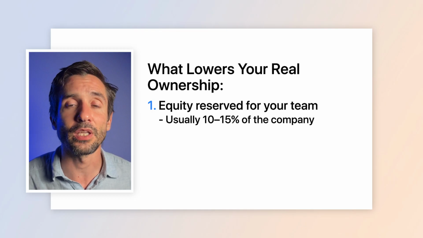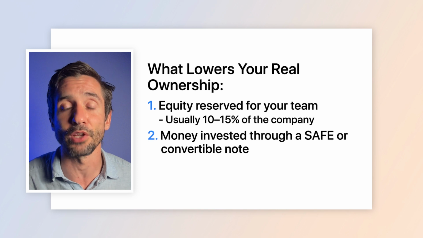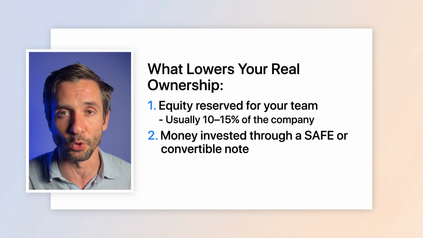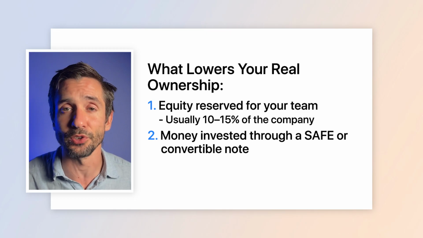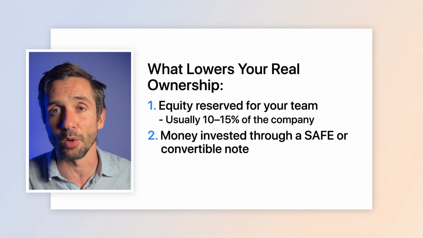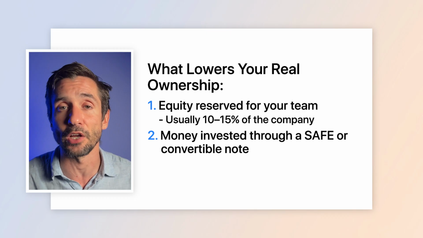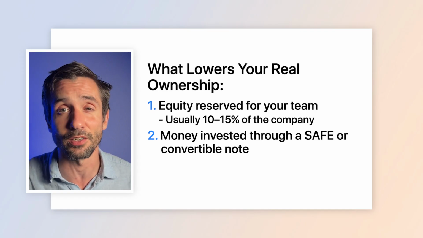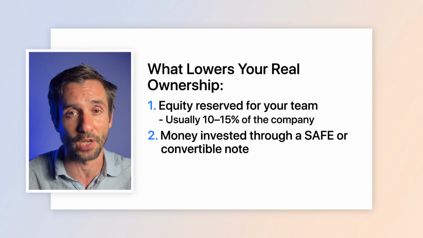The next thing that lowers it is money investors have put in through a SAFE or a convertible note. A SAFE, which stands for Simple Agreement for Future Equity, is basically a promise that turns the investor's money into shares later, once a bigger investor comes in and sets a price or a valuation on your company. A convertible note does the same thing, except it's technically a loan that turns into shares down the road.